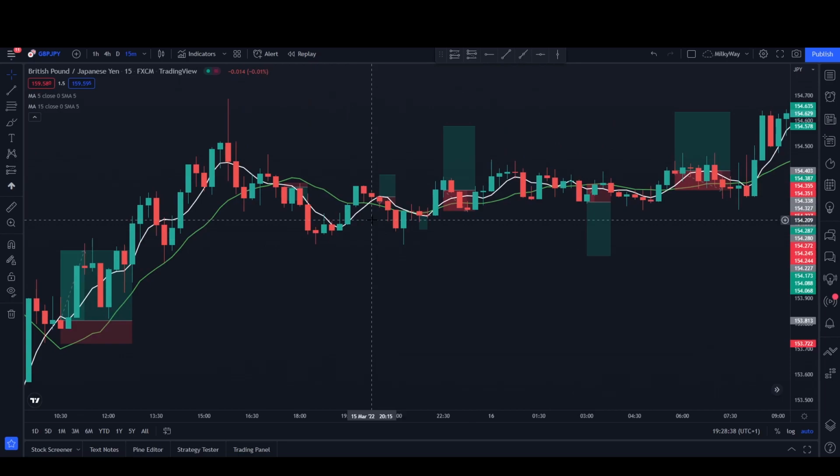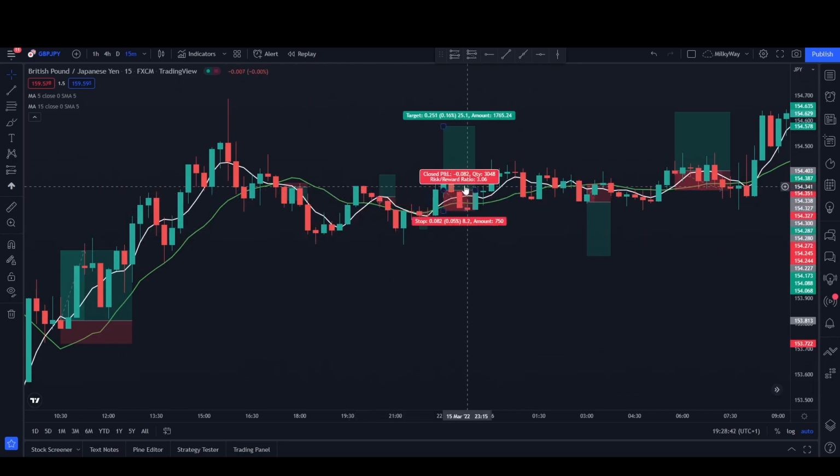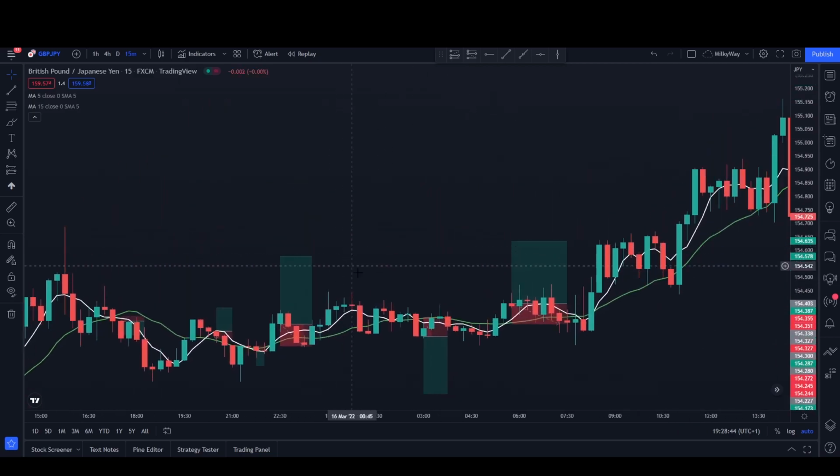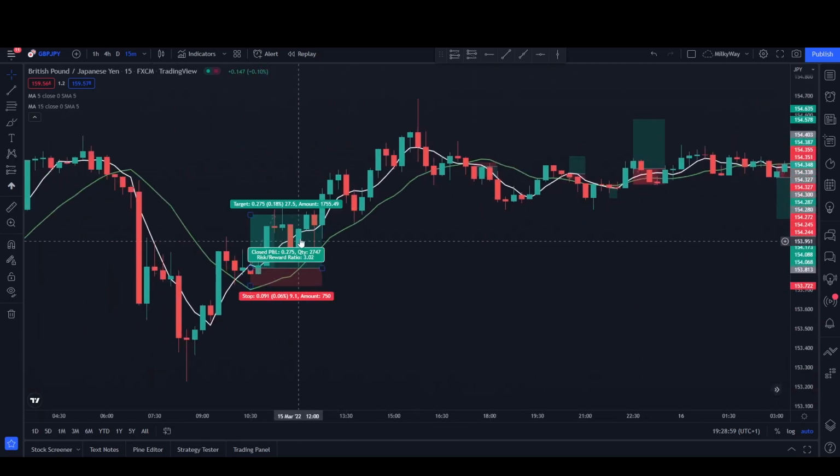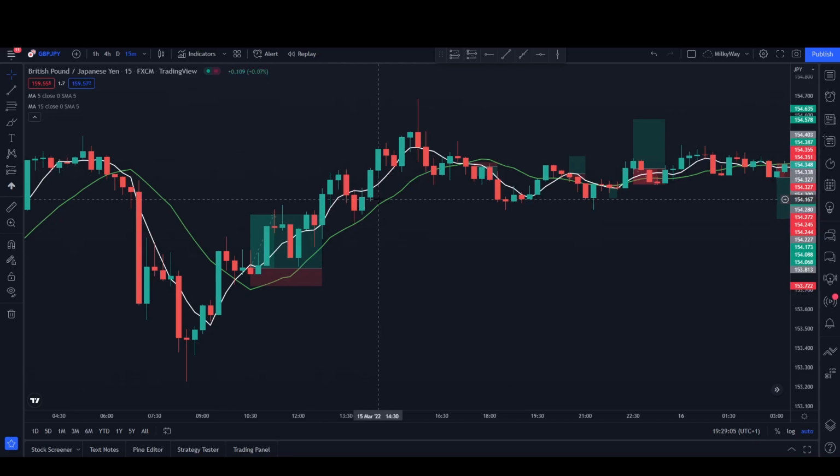Then it crosses again to the upside, that's a loss. So is this. There's a pullback. So is this. So as you can see, when the market is flat, this strategy doesn't perform very well. However, in trending markets, it can yield very good results. So let's go ahead and do the backtest and see if this strategy is actually worth using.